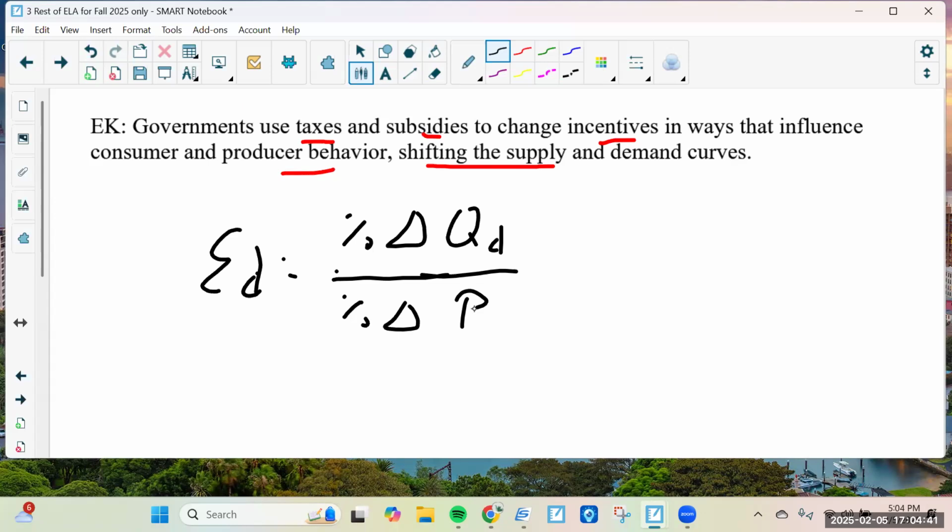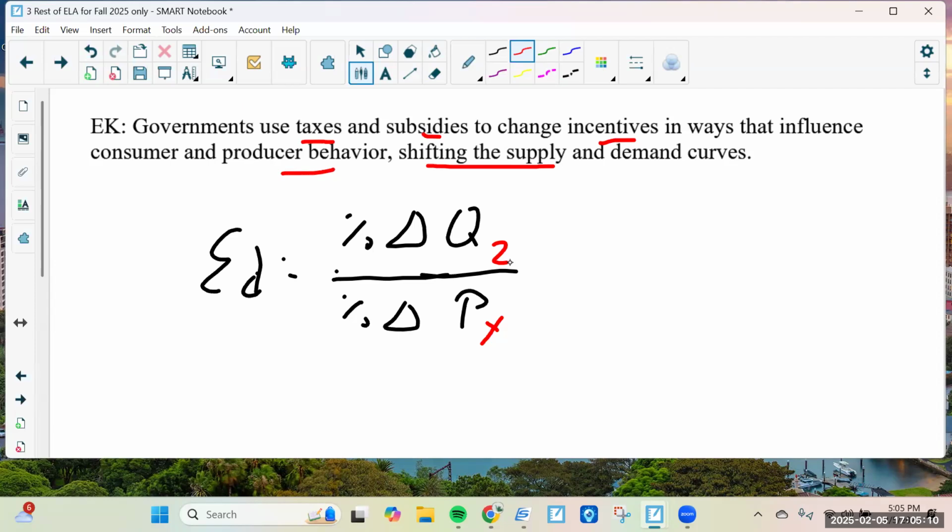Elasticity of supply is the exact same thing, but instead of quantity demanded, this is quantity supplied. Cross price elasticity, where you're trying to figure out whether goods are substitutes or complements, uses the percent change in quantity of, say, Z over the percent change in the price of X. Again, the exact same formula, just with two different products.